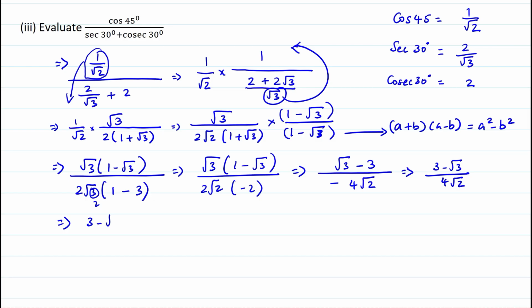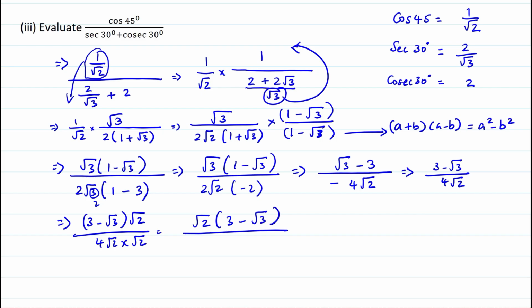So, 3 minus root 3 into root 2 divided by 4 root 2 into root 2, that equals root 2 into 3 minus root 3 divided by 8, because root 2 into root 2 will become 2 and 4 into 2 is 8. This implies 3 root 2 minus root 3 into root 2 will be root 6 divided by 8. This is the answer. This is the answer as per the textbook.